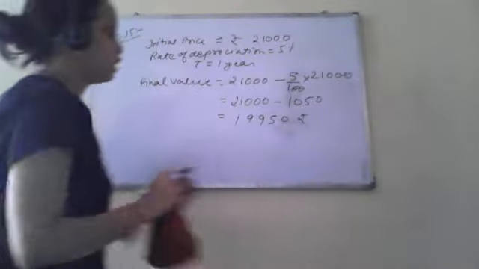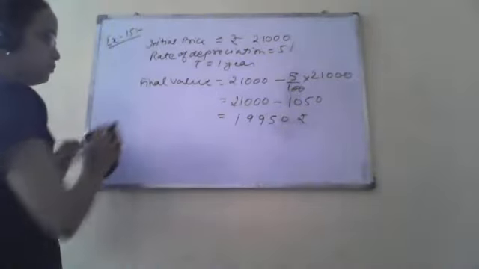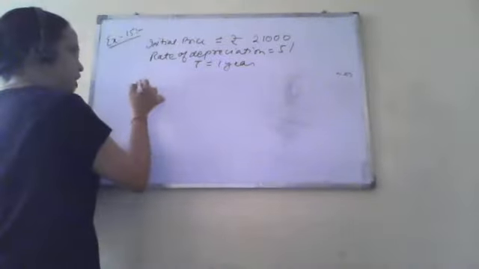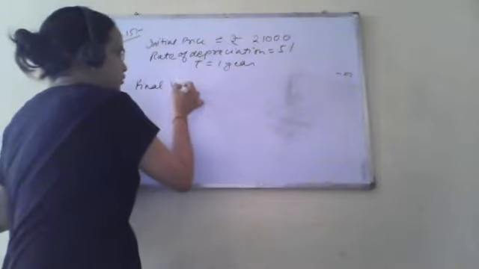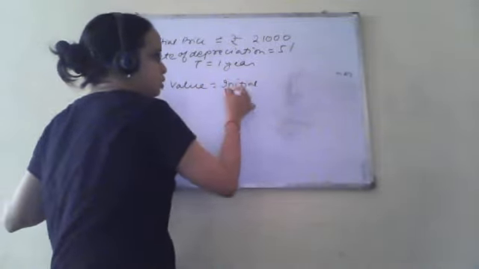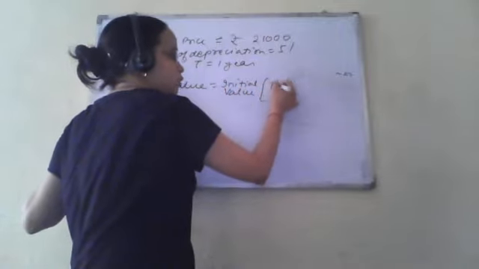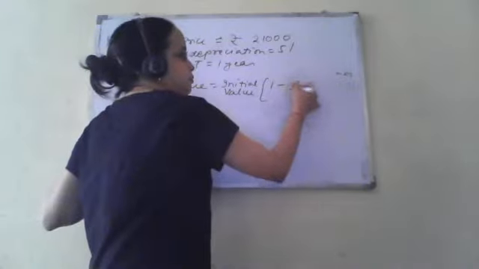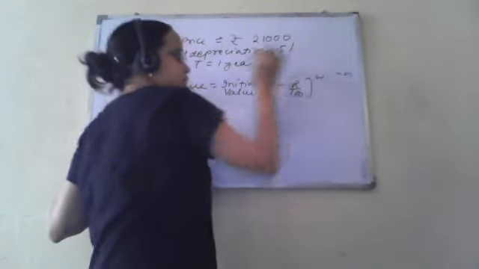Or if we have to calculate directly by the formula, I have explained, the final value will always be equal to initial value into 1 minus, because the rate is depreciating, or decreasing, r upon 100 to the power n.